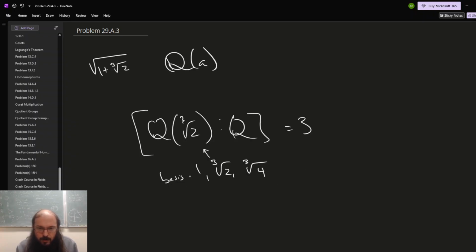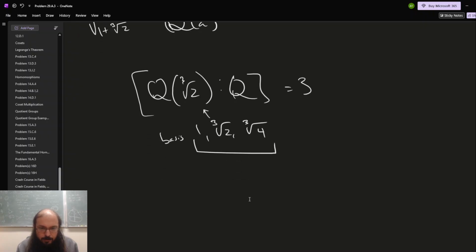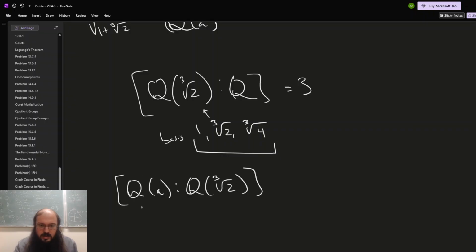And if I know this is degree 3, then I can think about Q adjoin A as an extension of Q adjoin cube root of 2. We can ask, what is that?